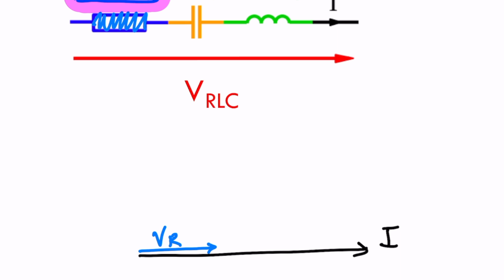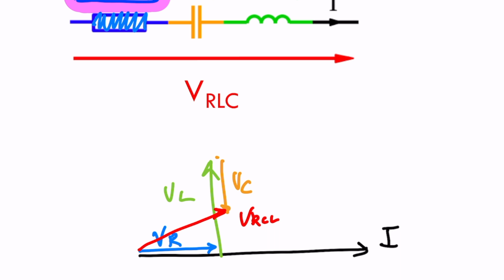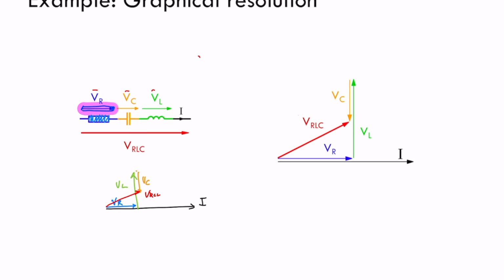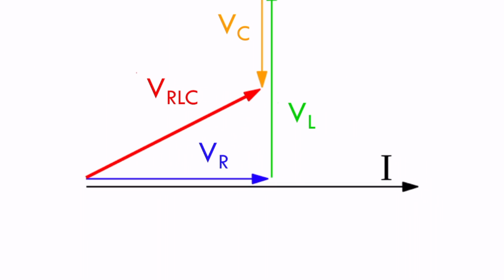Remember, this voltage is leading the current, so I will have whatever is this V_L, and then finally I will have some drop from this point, for this V_C, and the summation of these three vectors, this one and this one, will be the final one, right? So this is V_R, V_C, V_L. Okay, well, this is more or less what you have in here.